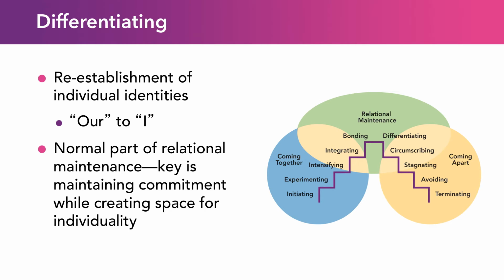This is normal. It does not mean this is the beginning of the end. Everyone in a relationship does this when you realize that you can't spend every waking hour doing everything together, whether it's with a friend, a romantic partner, or at work. So this is part of relational maintenance.